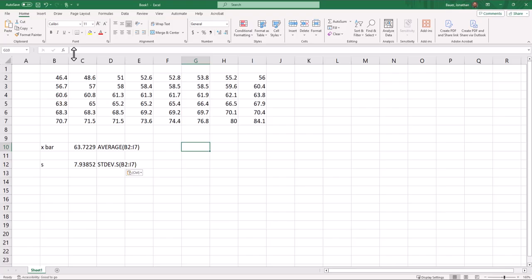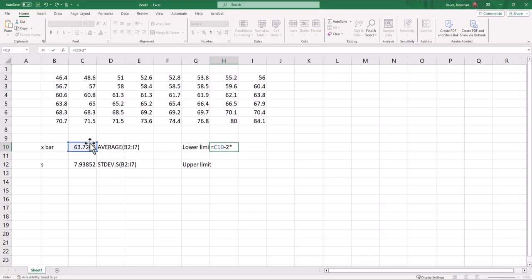So we have a lower limit here that we're interested in and an upper limit, and these are for the outliers. So the lower limit is going to be the mean minus 2 times the standard deviation.